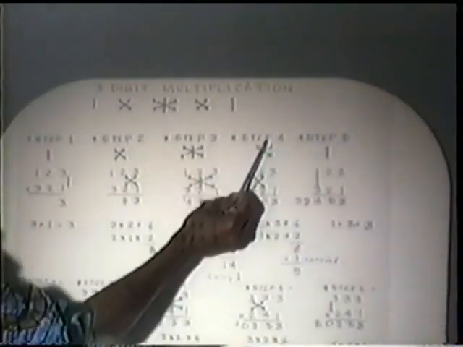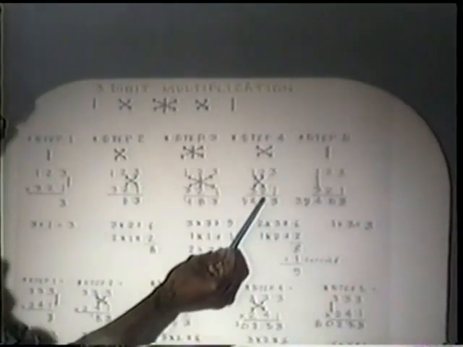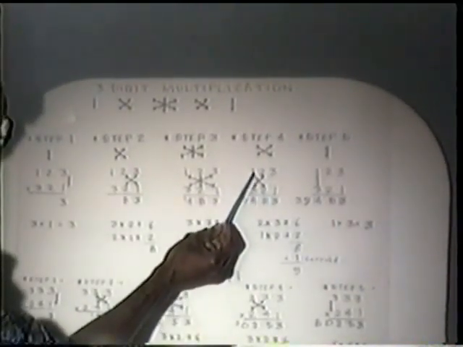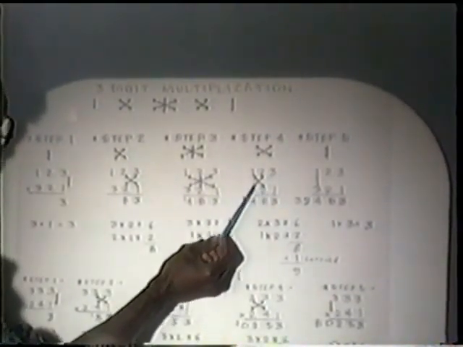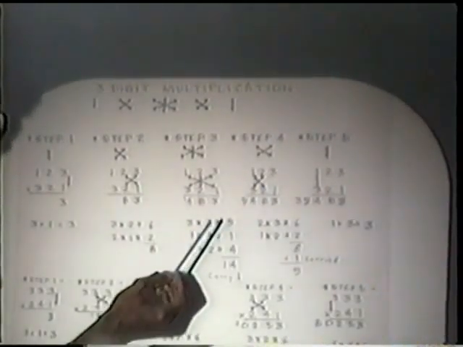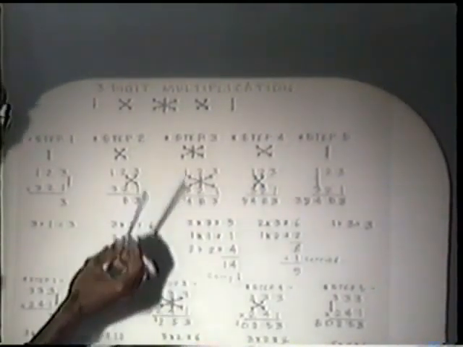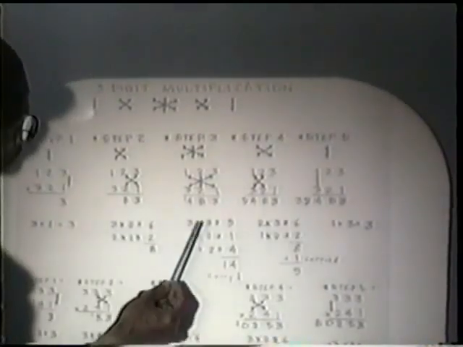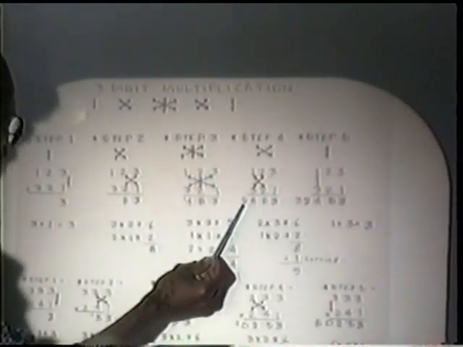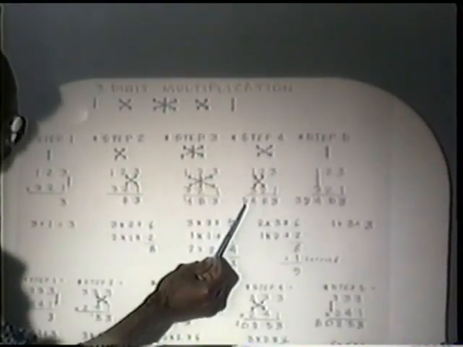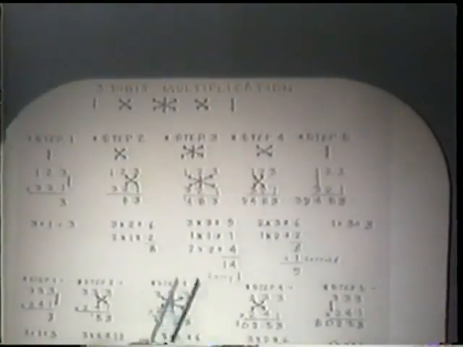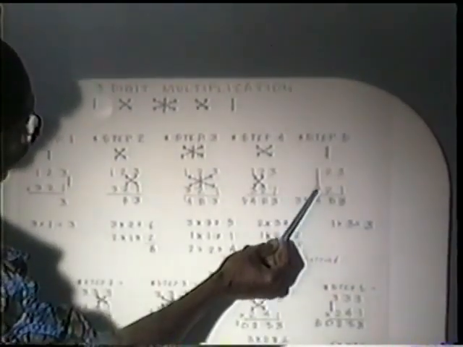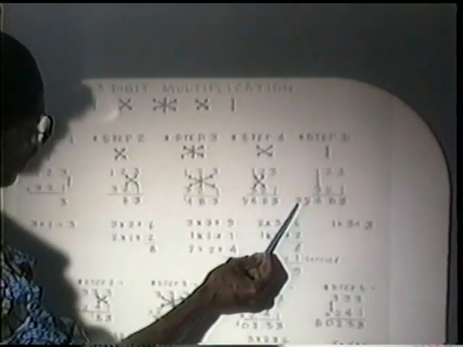Now the third step is cross multiplication. We multiply 2 times 1 is 2. 3 times 2 is 6. 2 and 6 is what? 8. Plus the 1 we carried, which made 9. Our last step is vertical multiplication. 3 times 1 is 3. There's the answer.